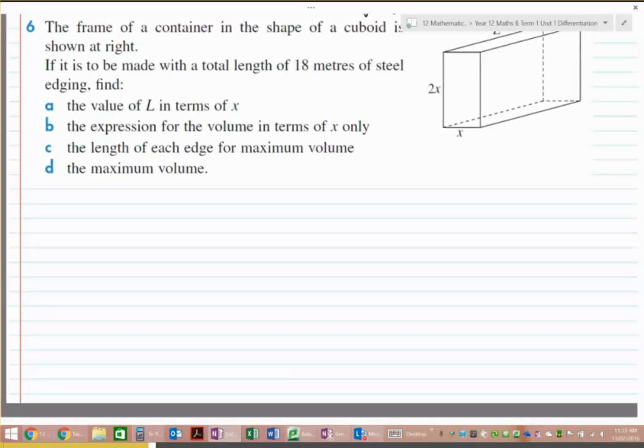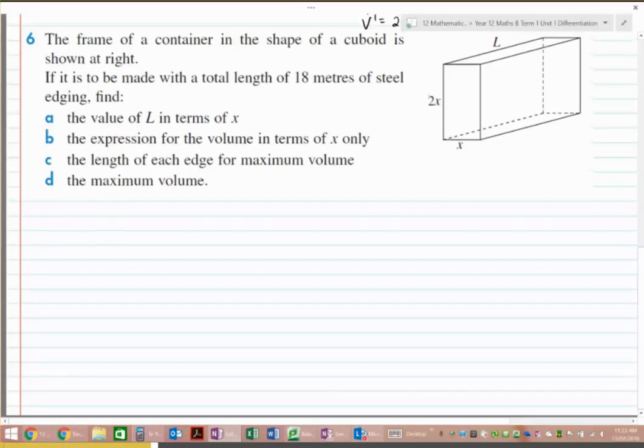Okay, question 6 is another sort of area volume problem. We've got a frame of a container in the shape of a cuboid. Okay, cuboid, just talking about a rectangular based prism, shown at the right. It's to be made with a total length of 18 meters of steel edging. So we've only got the frame.